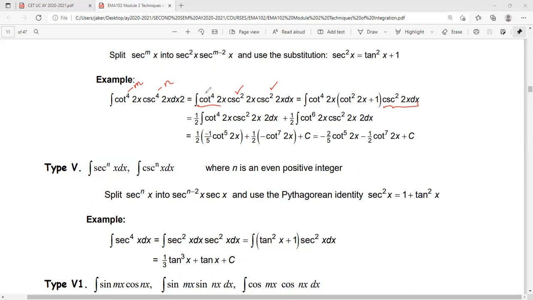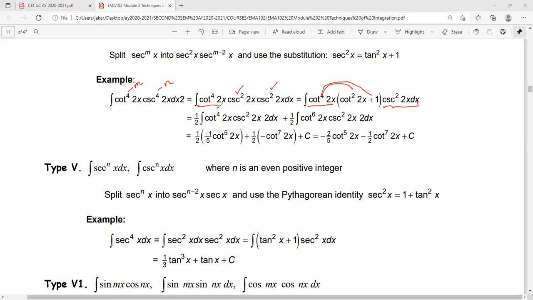Now, this cotangent that you have here, this is your m, any real number, you don't do anything to it. You need to convert the cosecant squared of 2x here to cotangent squared of 2x plus 1. That's its identity. That way, when you distribute, you only have one homogeneous function, the cotangent of 2x.